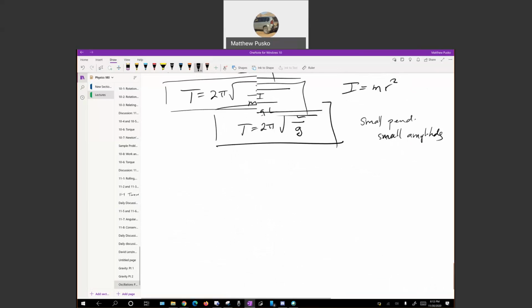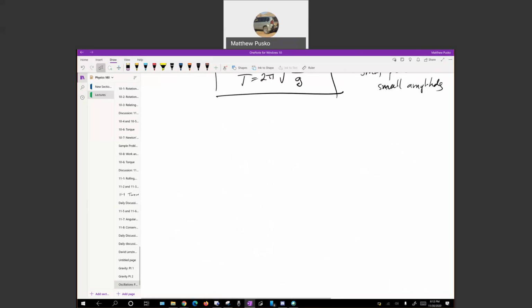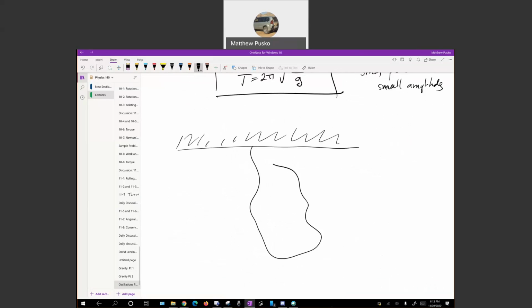Okay, now I just wanted to talk real quick. What if this thing was actually real? Nothing is just a particle on a string. The string even has mass. Everything is a blob of mass like this, pulled out some angle.